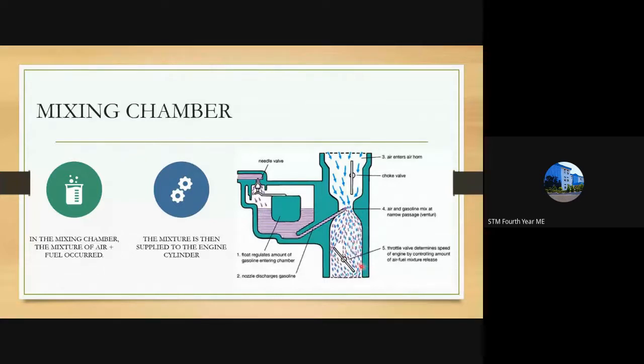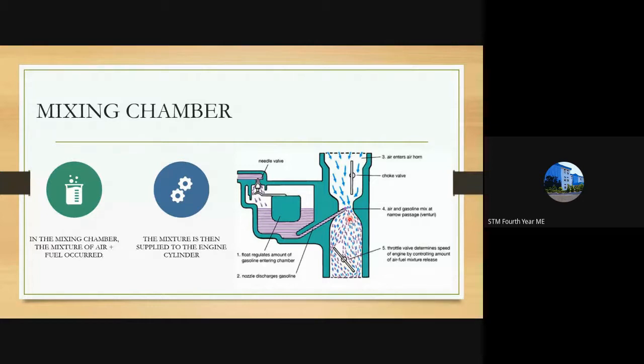So you can control the amount of charge entering into the cylinder using the throttle valve, which is connected to the accelerator pedal. By moving the accelerator pedal, you're controlling the throttle valve, and the throttle valve controls the amount of charge entering into the cylinder.